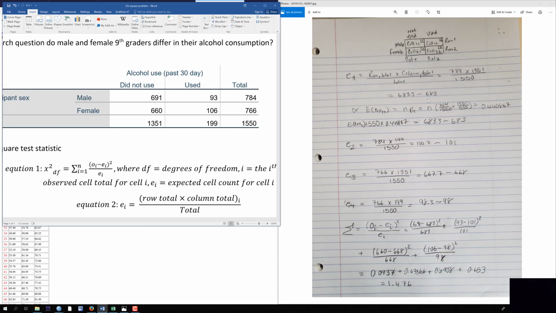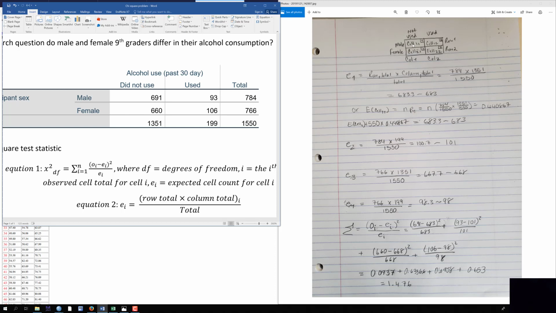You don't have to round. If you do this with some kind of software, you might end up getting a different answer because of the rounding. So that's one way to do it. I also mentioned that this is the expected value of being in this particular cell 1. For that, we'd need to calculate the probability of being in this cell.